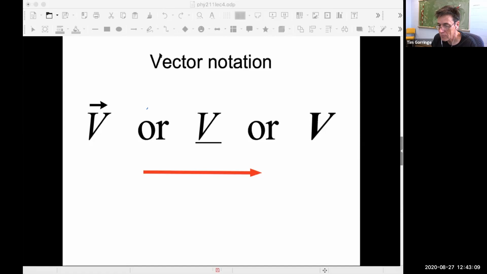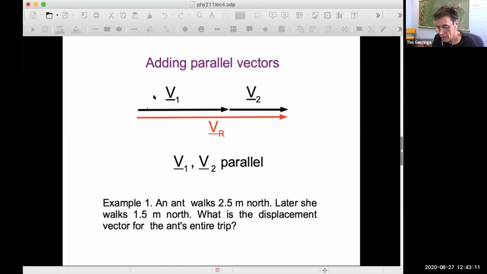Okay, so let's look at some special cases of adding up vectors. The first case is parallel vectors, then we'll move on to opposite vectors, and then perpendicular vectors.